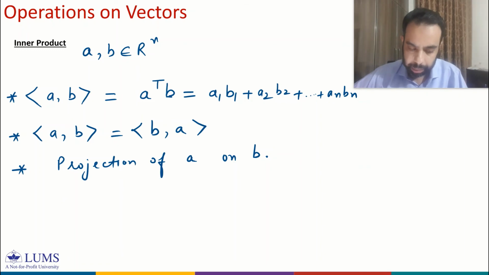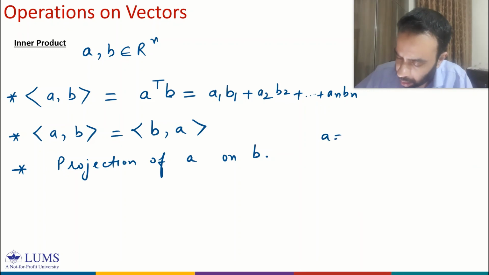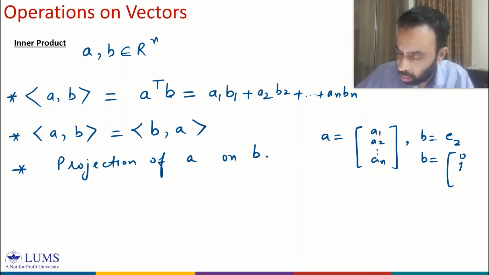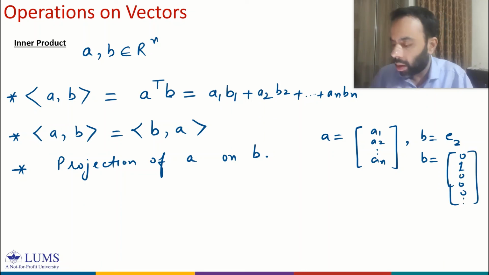But first, glimpses. Say you have a vector a, we take vector a as a1, a2, and an, and take vector b as a standard unit vector e_i, right? For convenience we take e2, and we know e2 would be given by 0, second entry is 1, and all other entries are 0, and b belongs to Rn.